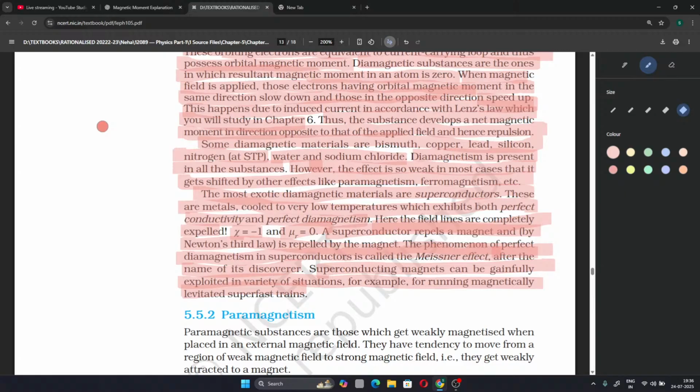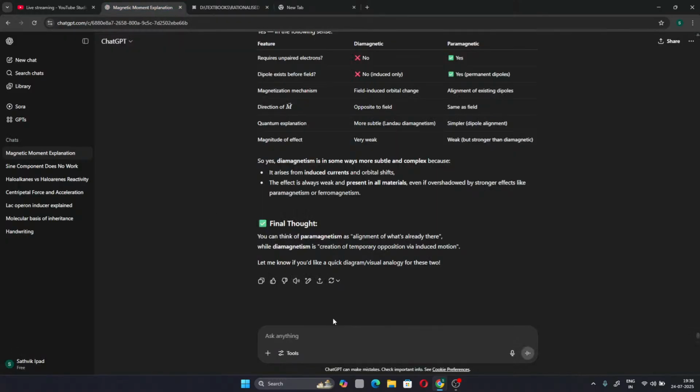Okay, I wish to know how that works. So let's see. How can diamagnetic substances repel magnetic field lines?